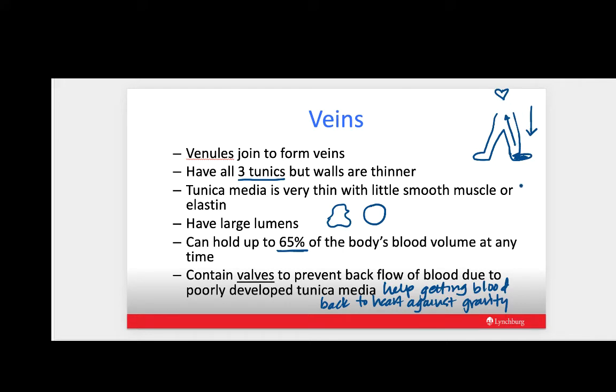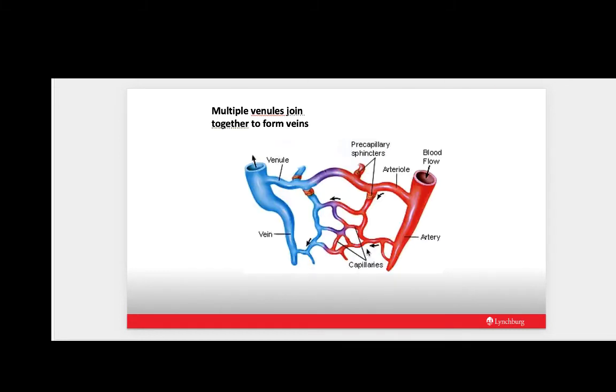And so one of the adaptations that we see with veins is valves, which are going to be little folds of the tunica intima. Okay, and so they create these valves. They're just like the heart valves. They work very similarly to the heart valves in preventing backflow.